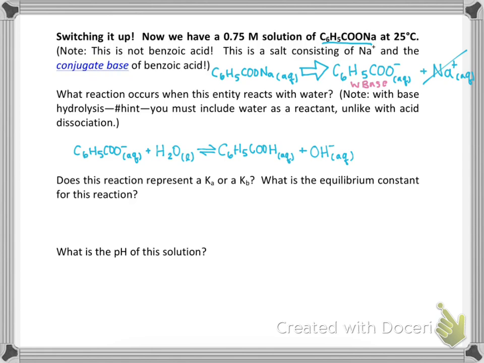So the equilibrium constant we need is a Kb, B for base. But in this problem, they don't give us a Kb. What they gave us in the last problem was the Ka for the benzoic acid, so they gave us the Ka for its conjugate. And so when we need to convert between Kas and Kbs of two conjugates, we can use the relationship that Kw is equal to Ka times Kb.